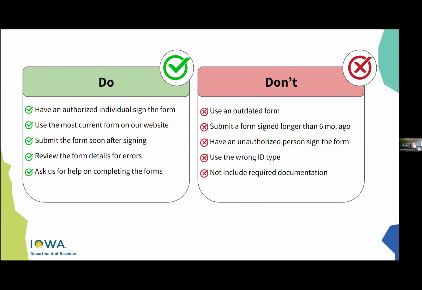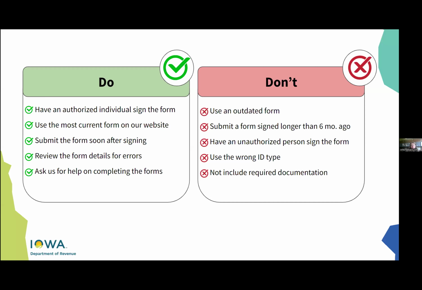Some things that we don't recommend is that you use an outdated form. So make sure if you're pulling these forms that they're directly from our website. The second one is to submit a form signed longer than 6 months ago. I think a lot of people would be surprised how long sometimes these forms are held on for. And sometimes we get them up to even a year after they signed it. The third one here is to have an unauthorized person sign the form.